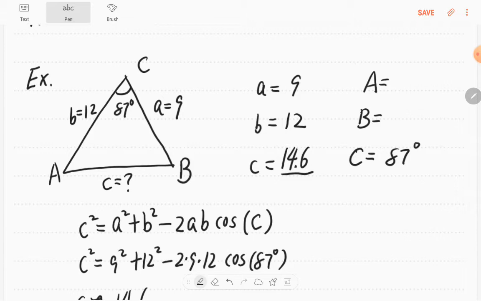That is correct. However, last time when we talked about the law of sines, we said that you can calculate sine A. If sine A is positive, then we have two angles between 0 and pi that make the sine value positive.